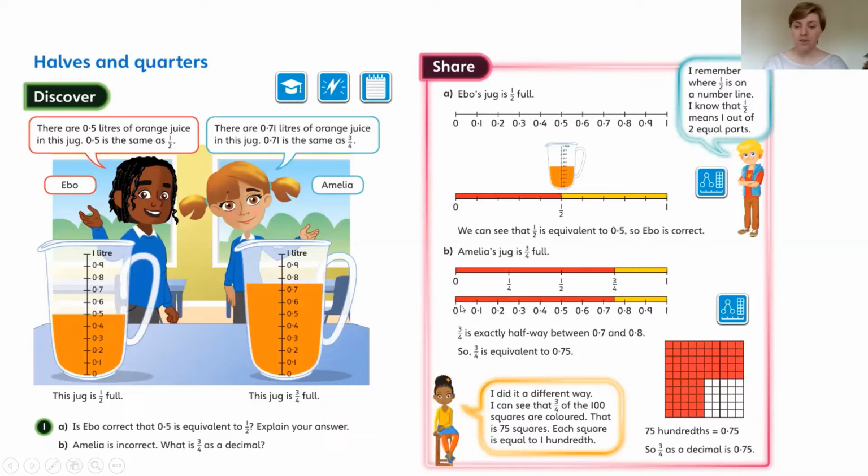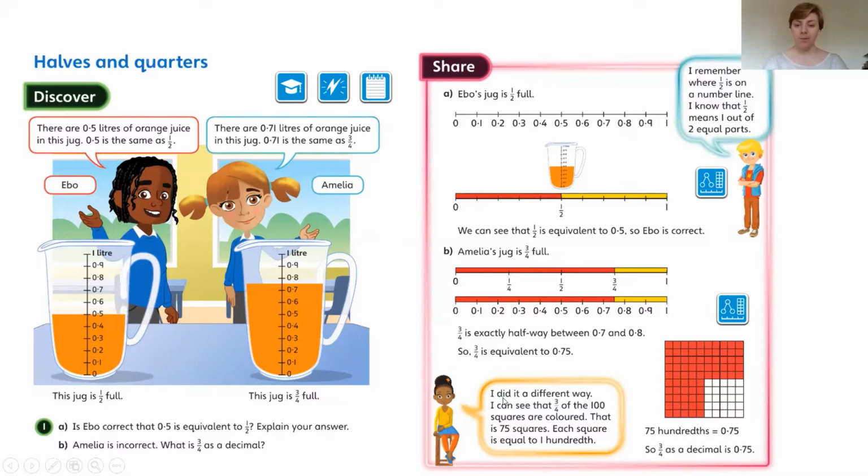And if we compare this to a decimals number line, just like the one on the side of the jug, we can see that 3/4 is equivalent to halfway between 0.7 and 0.8. So that means that 3/4 is equivalent to 0.7 and 5/100.